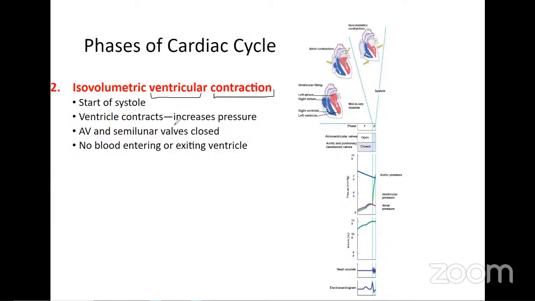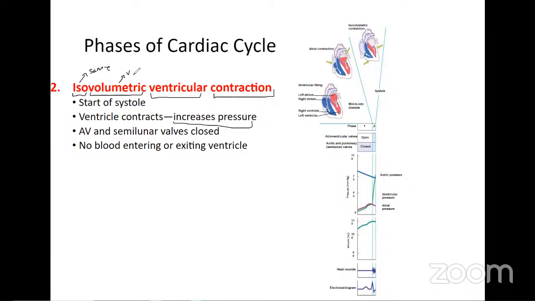This is going to create increases in pressure. The other thing that we can see happening here, right? In this name, we have isovolumetric, right? So what this means is same volume. Same is iso, volumetric is volume.